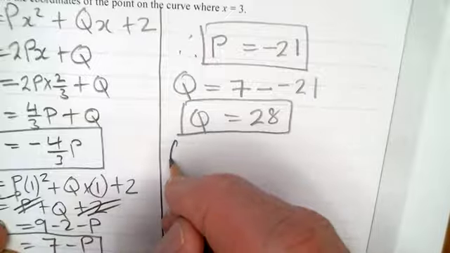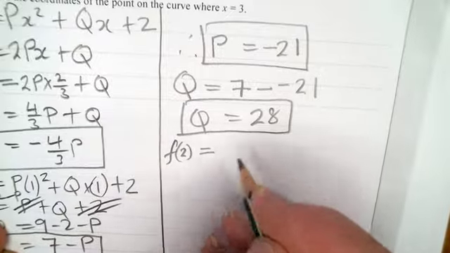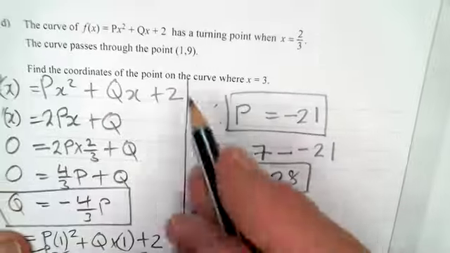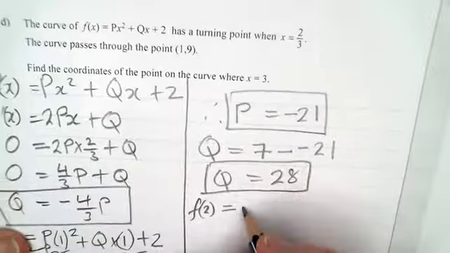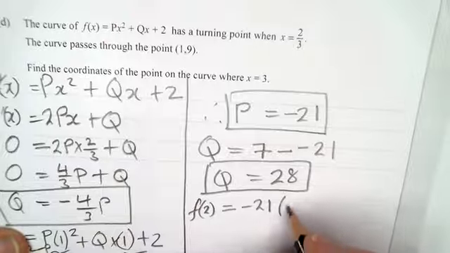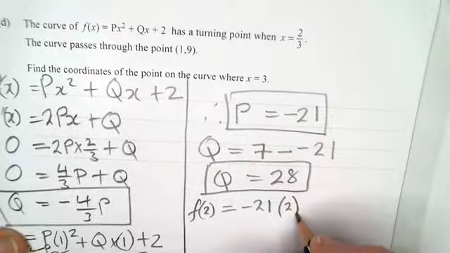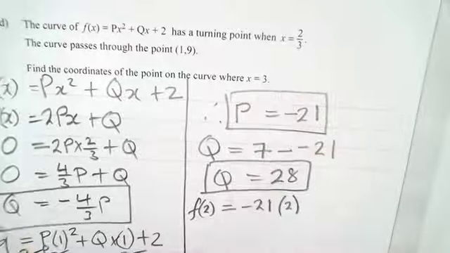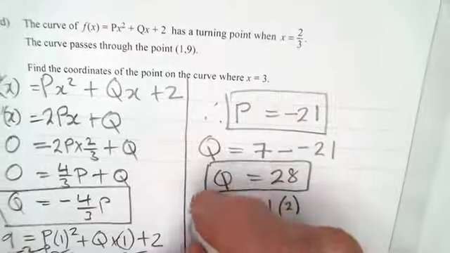So I'm going to have f of 3 is equal to px, that's going to be negative 21 times x, which is... oh, wait. Why 2? 3. We're doing it with 3. What am I even thinking? This is not a good day.